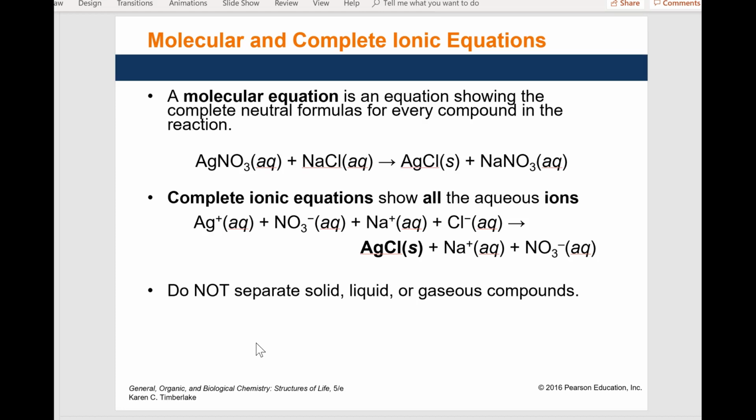We start with a nitrate ion, we end with a nitrate ion. Okay, well, if we start with it and we end with it, and it's in the exact same form, has it done anything? No, it just kicked back and watched what's happening.